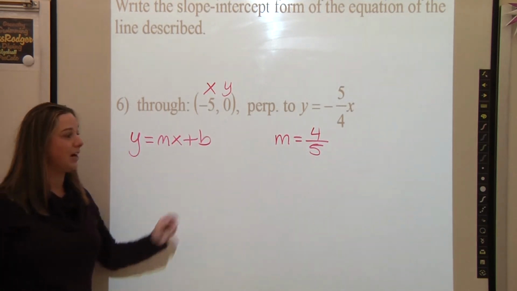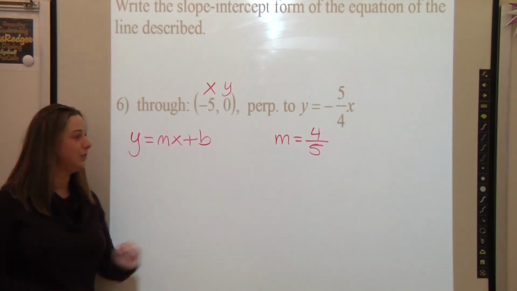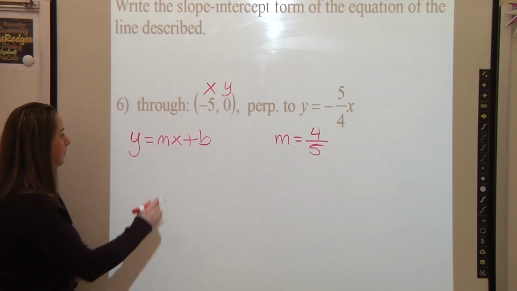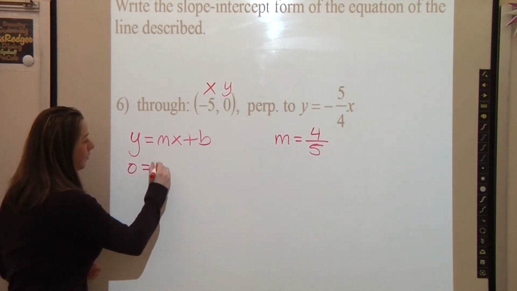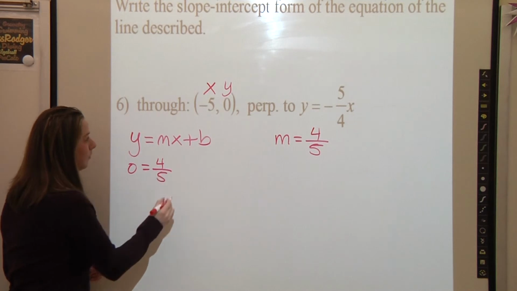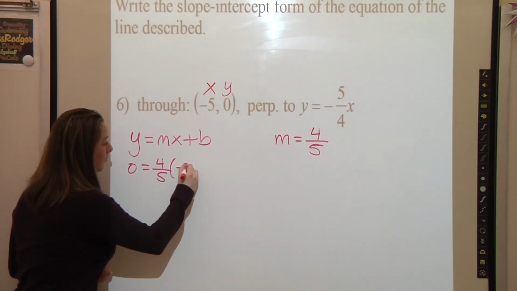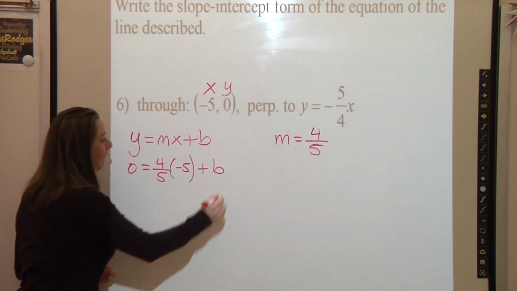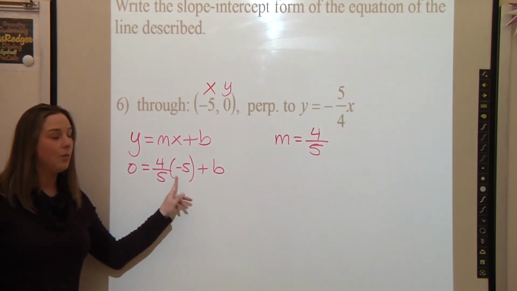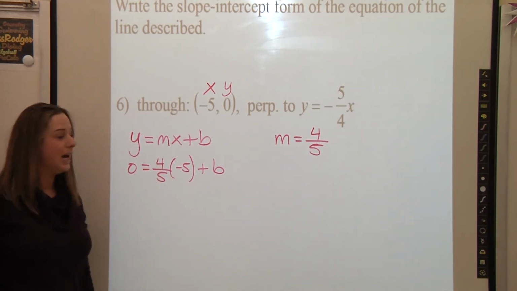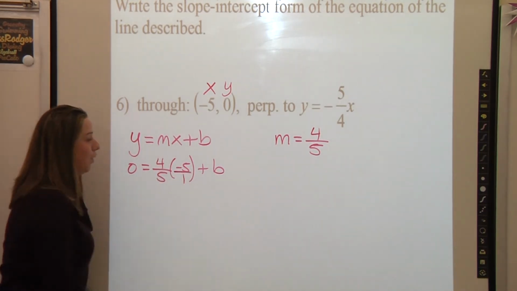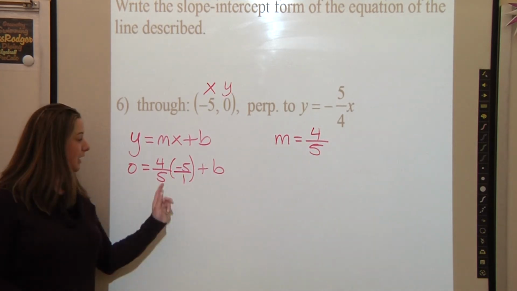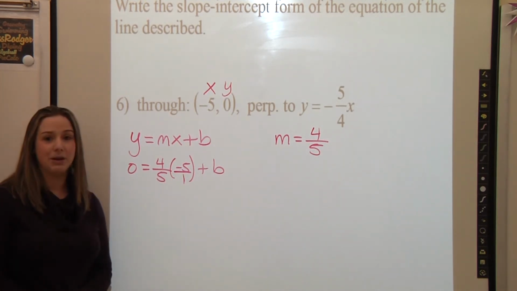Let's substitute our x, our y, and our m values to solve for b. Typically, when I have a fraction as my slope, I like to put my x value over 1, so I can clearly see what's going on when I need to multiply.